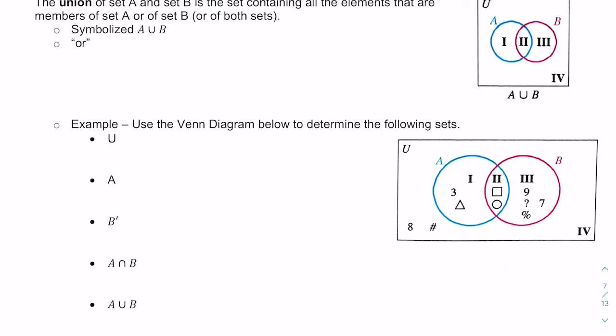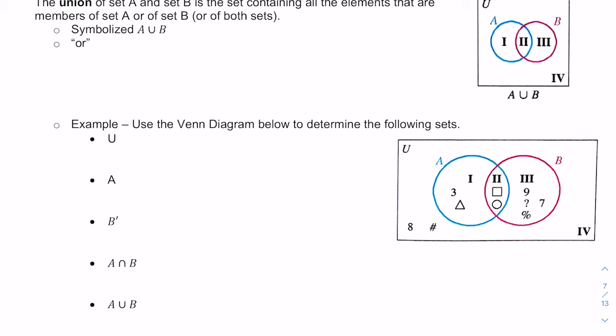Now we have what's called the union of set A and set B. So that's the set containing all the elements that are members of set A or of set B or of both sets. The symbol for union looks like a U and it's an OR.